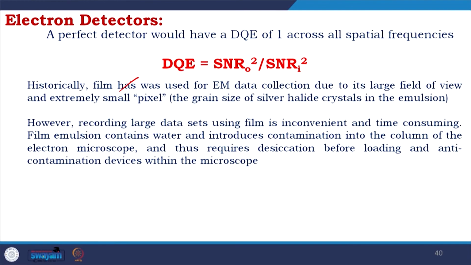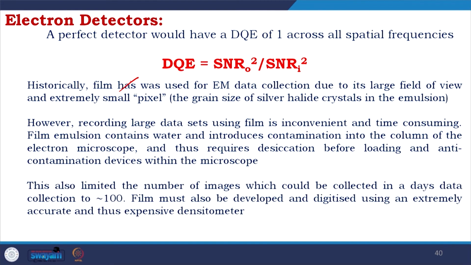Film emulsion contains water and introduces contamination into the column of the electron microscope, and thus requires desiccation before loading and anti-contamination devices within the microscope, which is not a user friendly method. Use of film also limited the number of images which could be collected in a day's data collection to around 100. Film must also be developed and digitized using an extremely accurate and thus expensive densitometer.